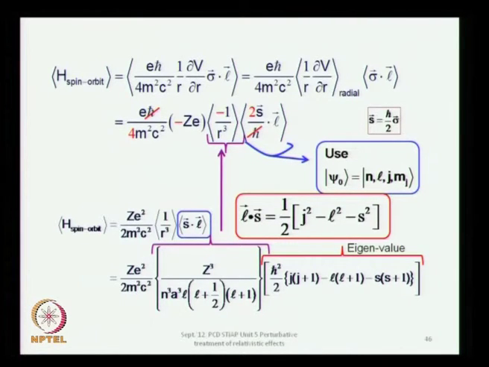So, that is what you will get, and then you get the average value of 1 over r cube. The 1 over r cube will give you this term, which goes as 1 over the third power of the Bohr radius, 1 over the third power of the principal quantum number, and there is an L dependence in this expectation value. So, you can do it for any radial function of the hydrogen atom and get those terms.